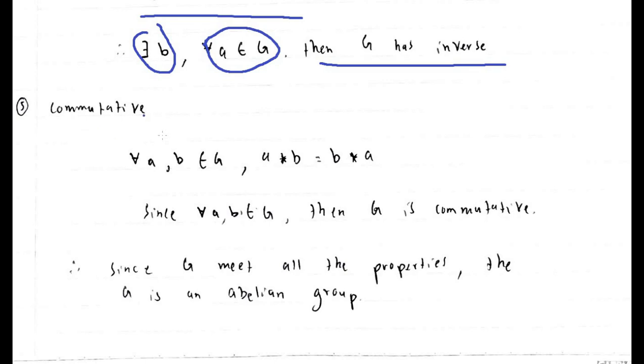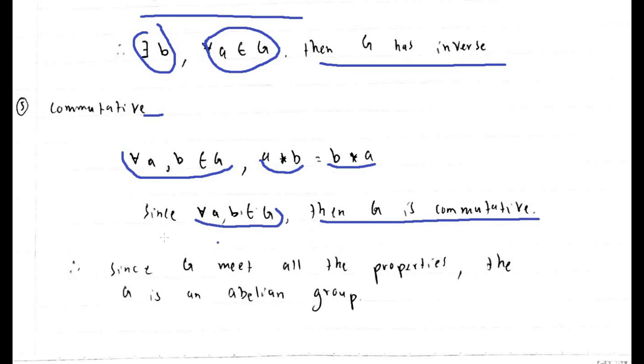And next is commutative. G is commutative if for all A and B elements of G, A binary operation B equals B binary operation A. Since A and B have the addition operation, and also since all elements A and B are elements of G, then G is commutative.